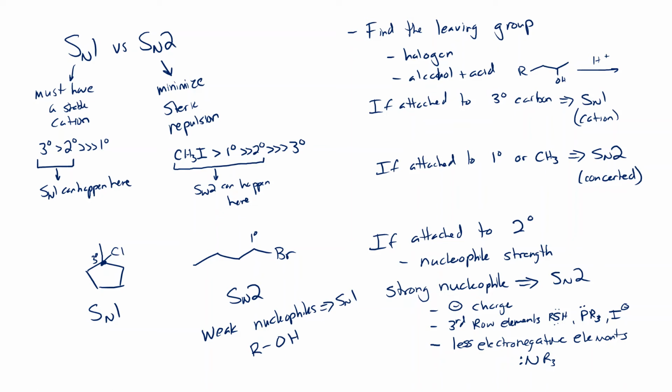It's not really willing to share its electrons with anything, and so it's not a very good nucleophile. In order to get an alcohol to react in an SN1 or SN2 reaction, we have to pair it with something that's incredibly electron poor, like a carbocation. So alcohols, most of the time, mostly react with carbocations.